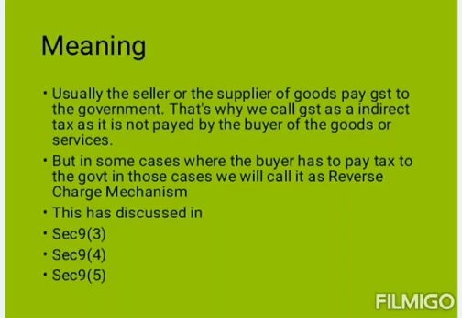This payment of tax by the buyer is called the reverse charge mechanism. Wherever the buyer is liable, not the seller, where the end user is about to pay the GST, this mechanism is called the reverse charge mechanism. So we will see the first section, that is section 9 subsection 3.